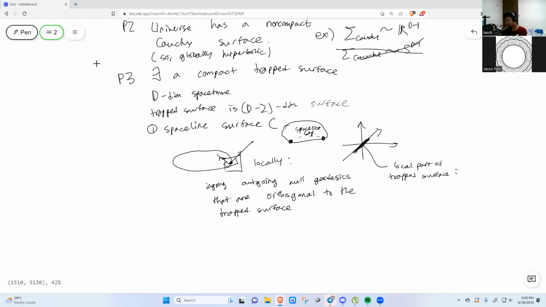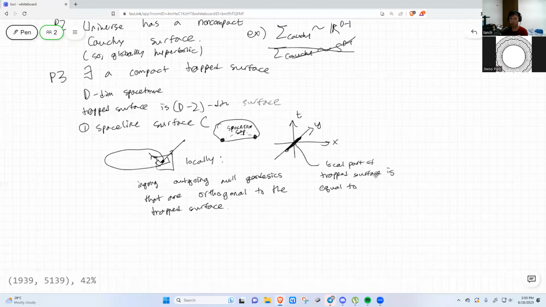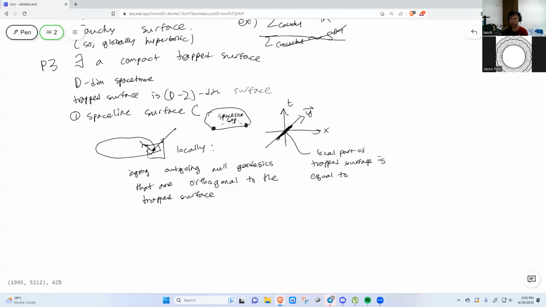is space-like. There's one time coordinate, there's one x coordinate, and there's a bunch of y coordinates that are space-like.